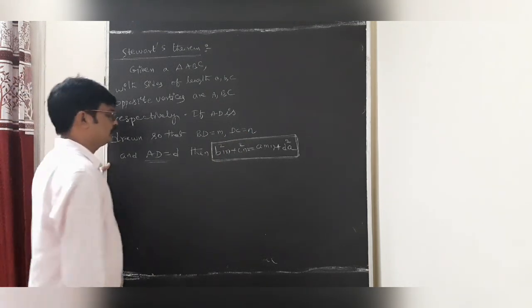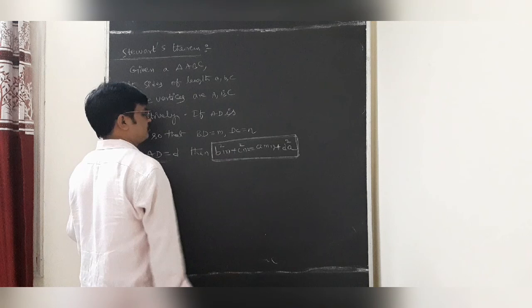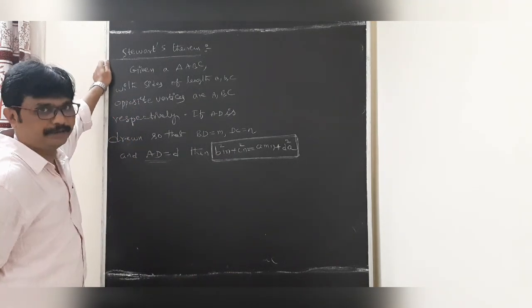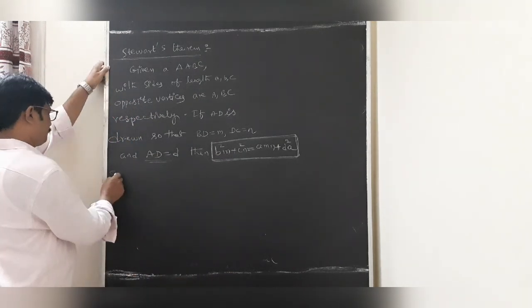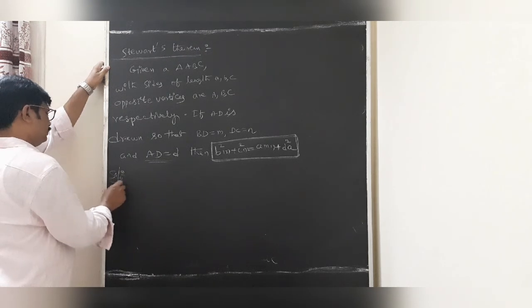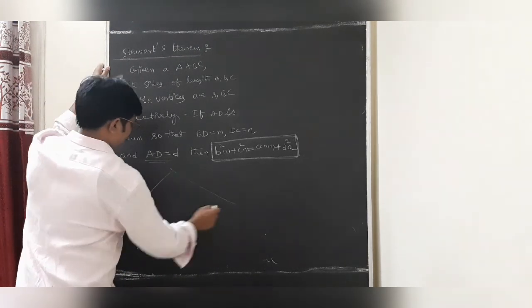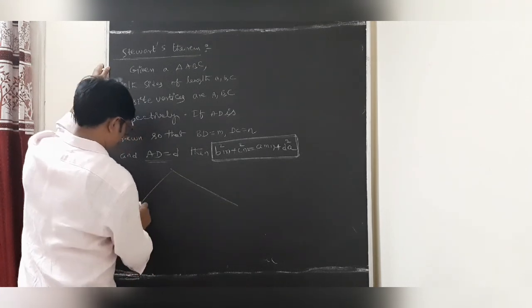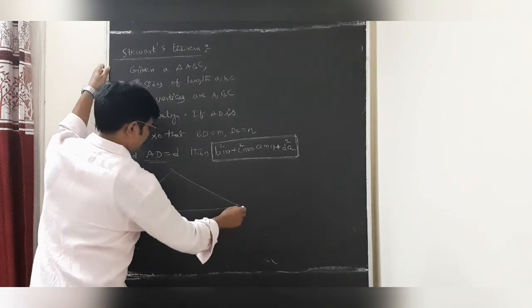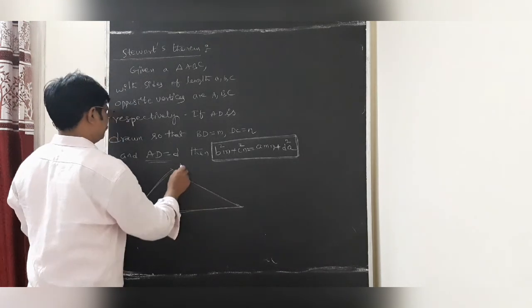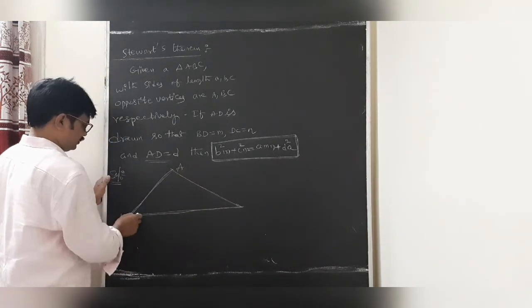Dear students, now we saw that b squared m plus c squared n equals amn plus d squared a. Dear student, this is the triangle ABC.